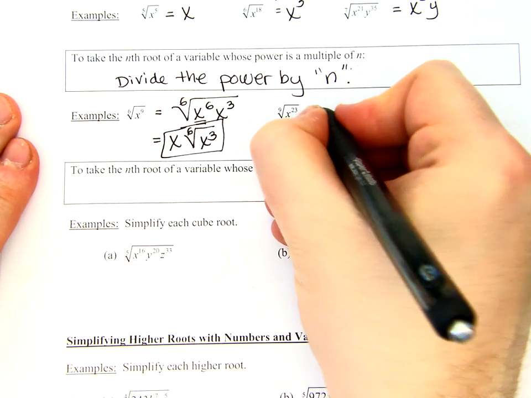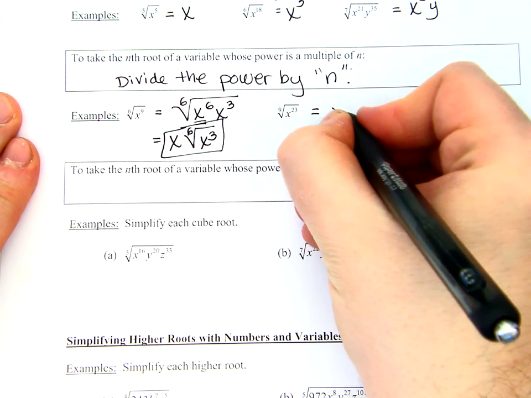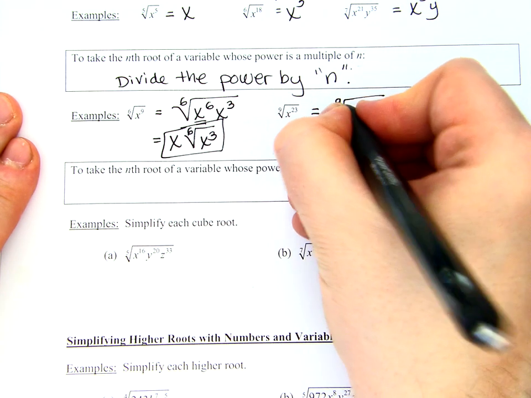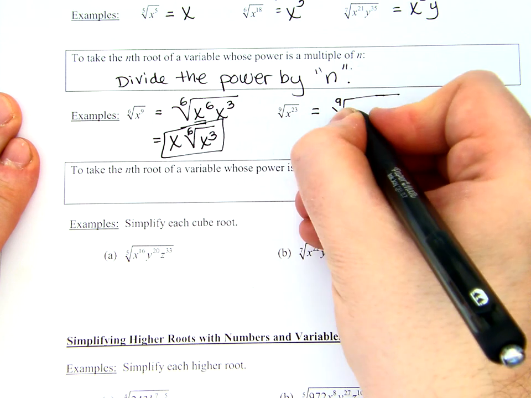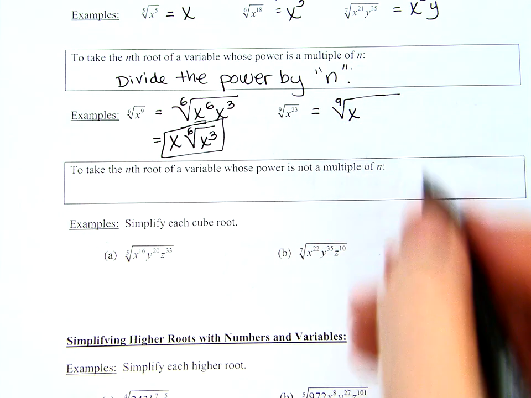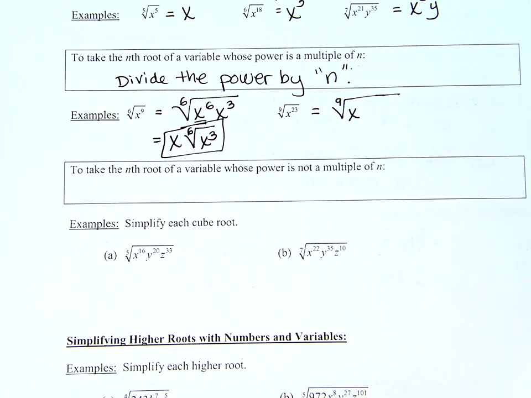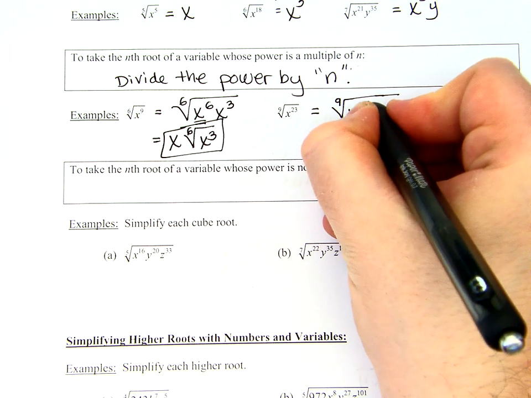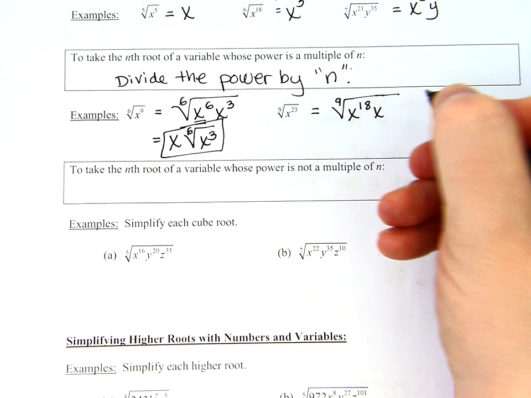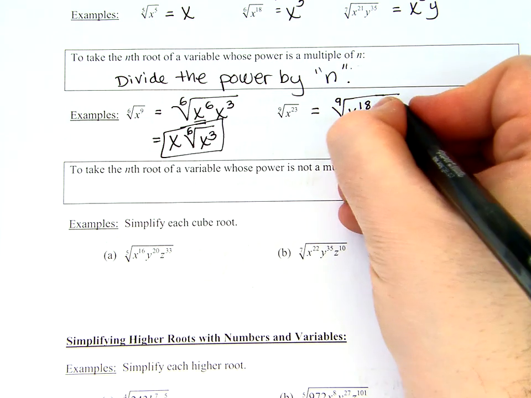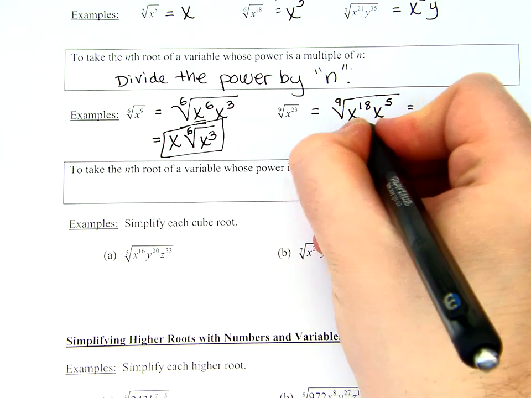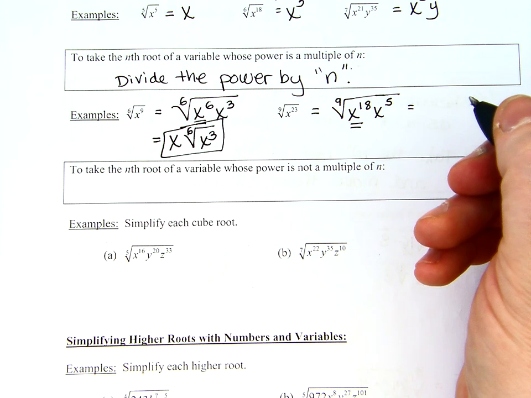The next one, the 9th root of x to the 23rd. Well, 23 divided by 9, that's no good, so I need to do some rewriting. I need x to a multiple of 9. 18 will work. X to the 18th, and you're left with x to the 5th. Okay, well, the 18th one was good. What is the 9th root of x to the 18th?